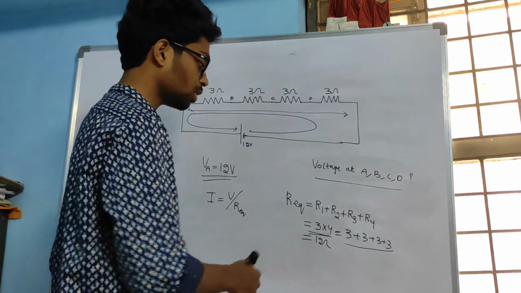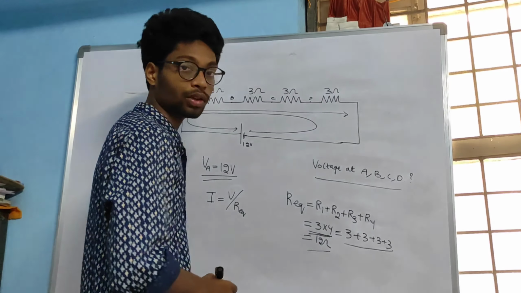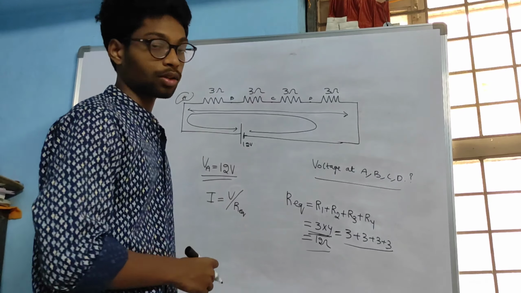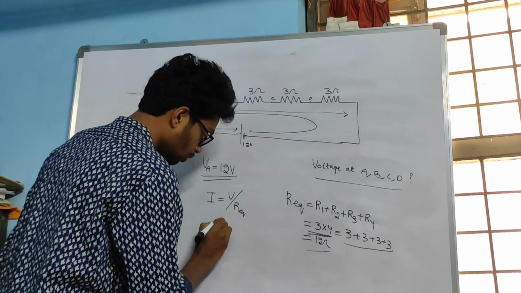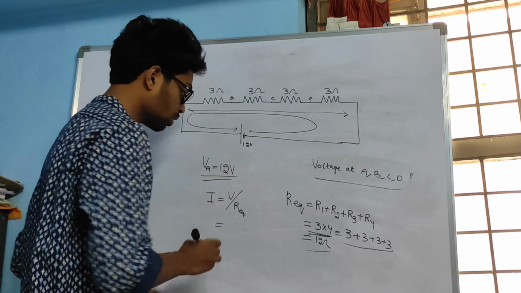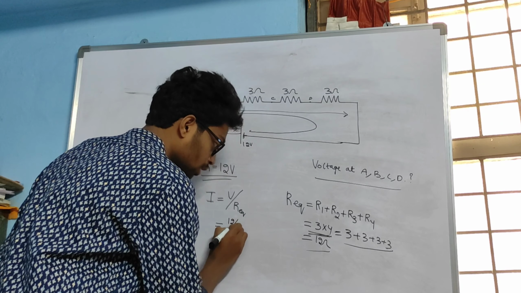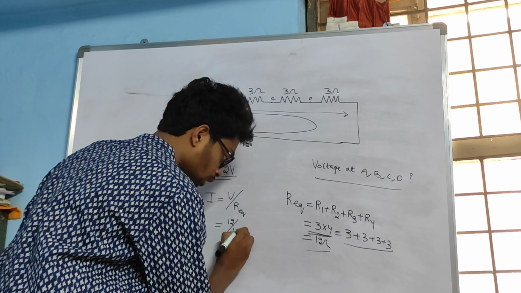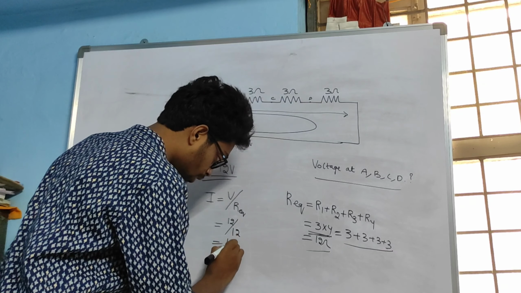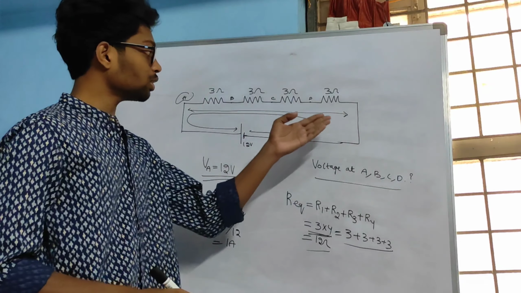So 3 cross 4 equal to 12. I have got equivalent resistance of 12 ohms for this circuit. So for finding the current, we know the voltage as well as the R equivalent. So voltage is of 12 volts and the R equivalent is of 12 ohms. So we will get the total current of 1 ampere which is flowing through this circuit.